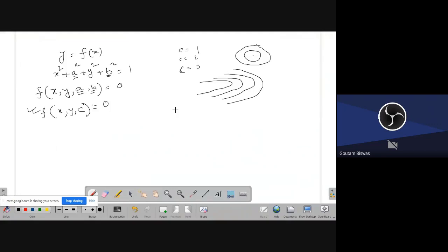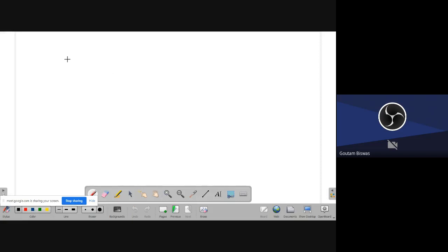Let the family of the envelope be y is equal to xm plus root over a square m square plus b square.